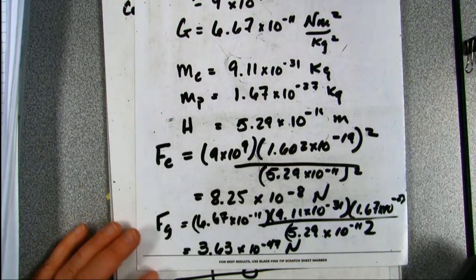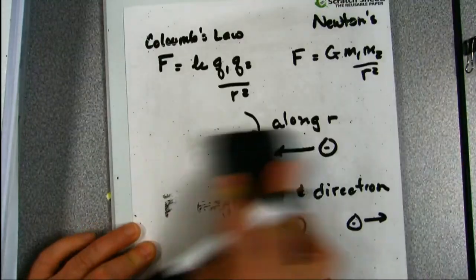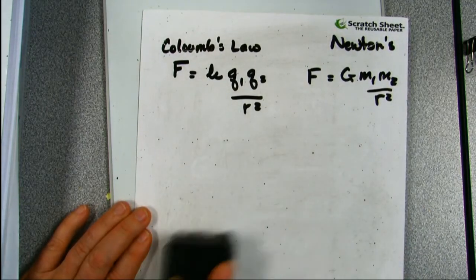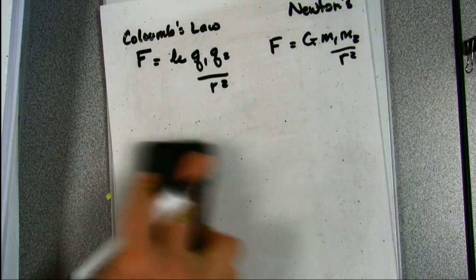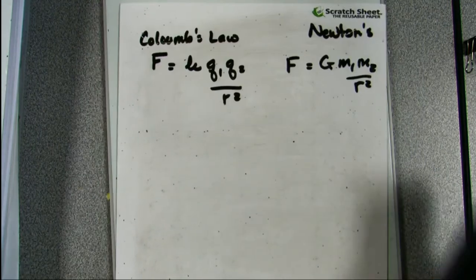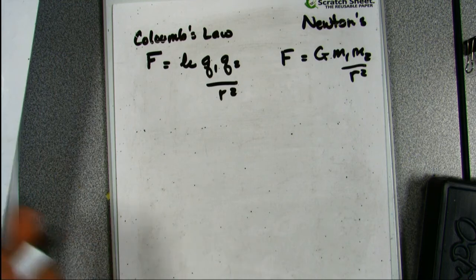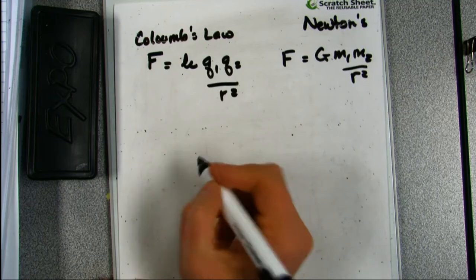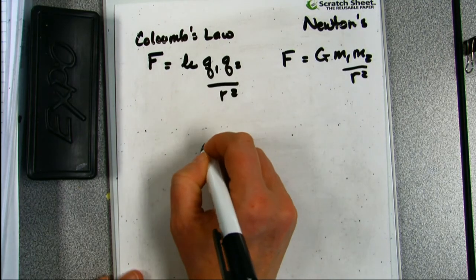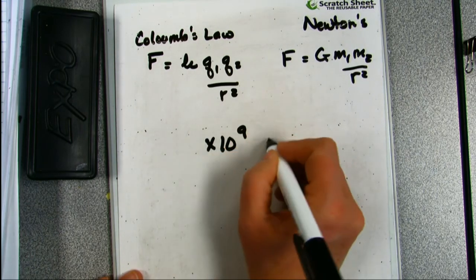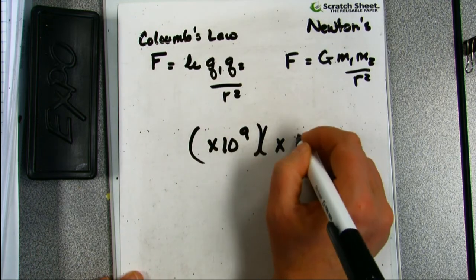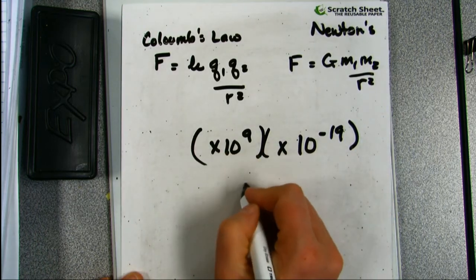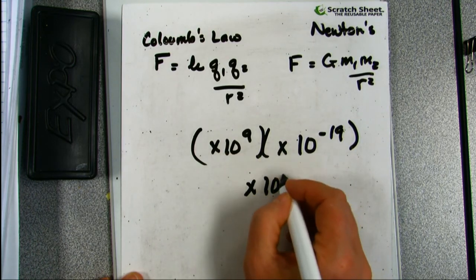So, a couple things you want to go back and review because it will help you out when you're working these problems, and for some of you with the other calculator, the calculator that drives me insane. You want to go back and look at if I have something times 10 to the 9th and it's multiplied by something times 10 to the minus 19 on top, that's going to end up being 10 to the minus 10th.